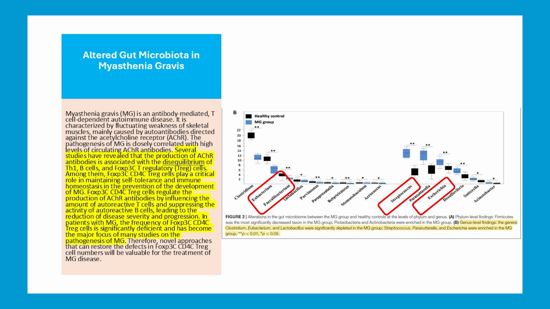And in figure 2, you can see the significant differences in the microbiomes of the healthy controls versus the MG subjects, with names you should recognize by now. Names like Eubacterium and Faecalibacterium as health promoters, and classic opportunistic pathogens like Streptococcus and E. coli. It is these actors which play an enormous role in determining the immune response, as highlighted in yellow. You need to address them in order to address your autoimmune disease.